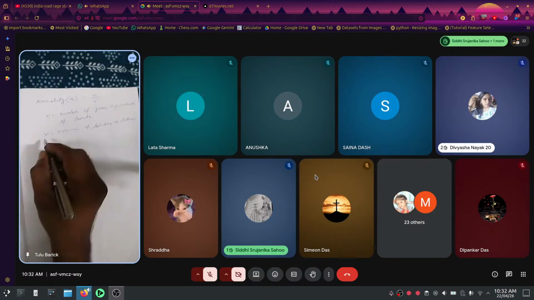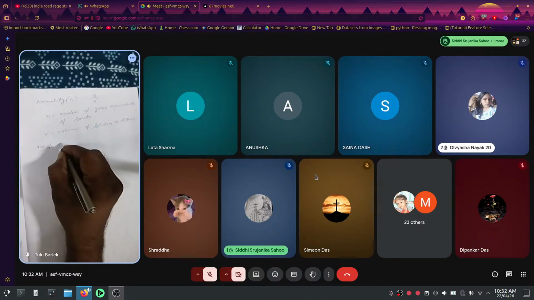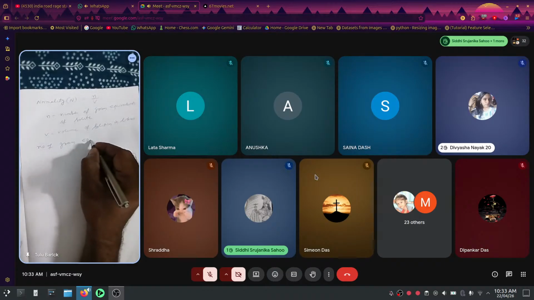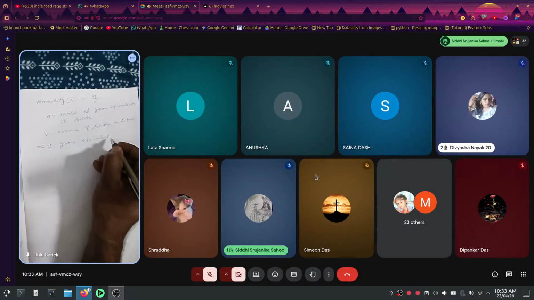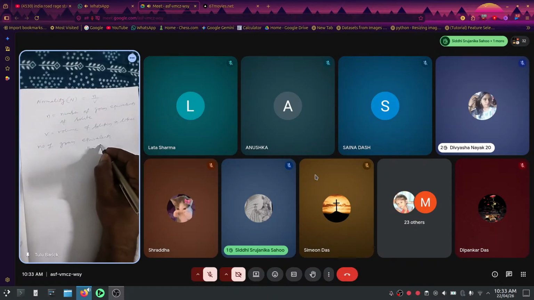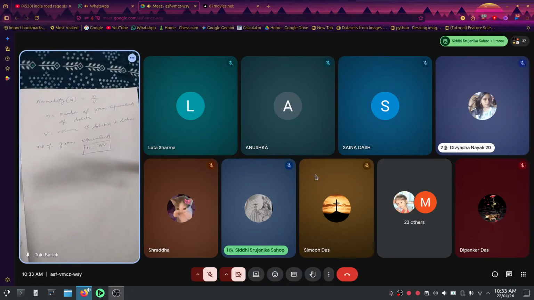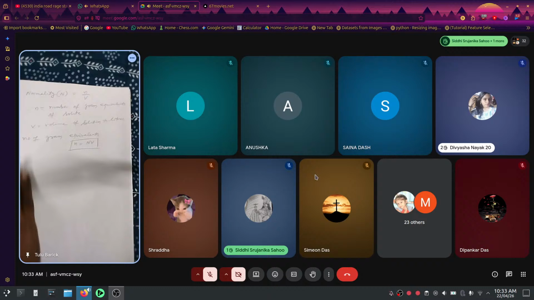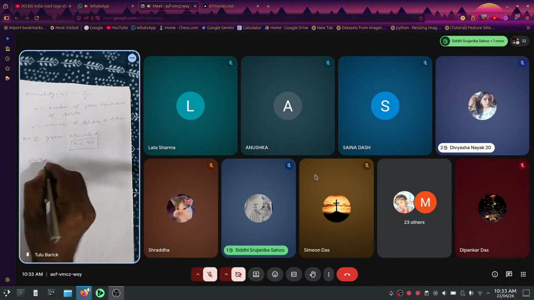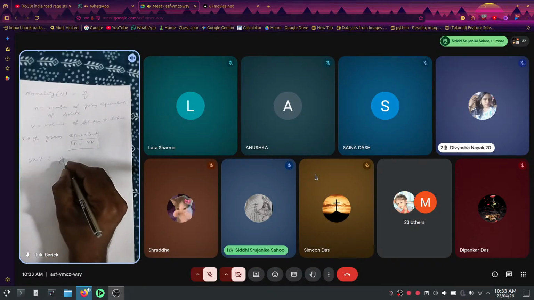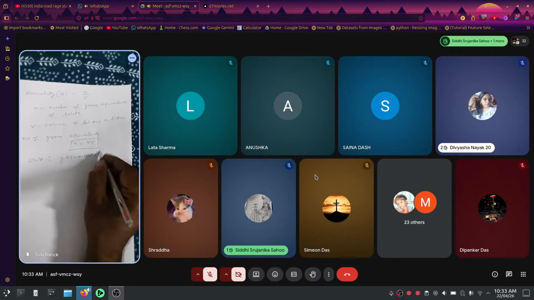So number of gram equivalents is equal to normality into volume in liters. The unit is gram equivalents per liter.